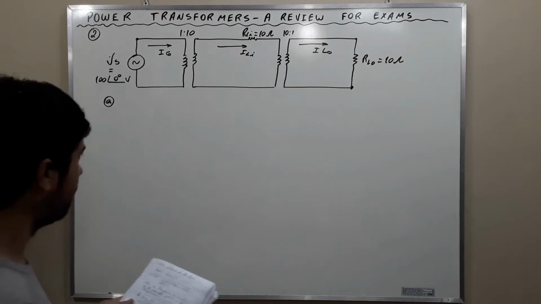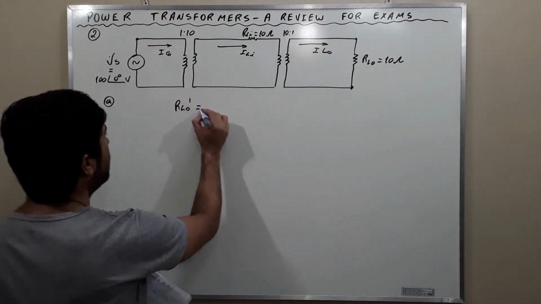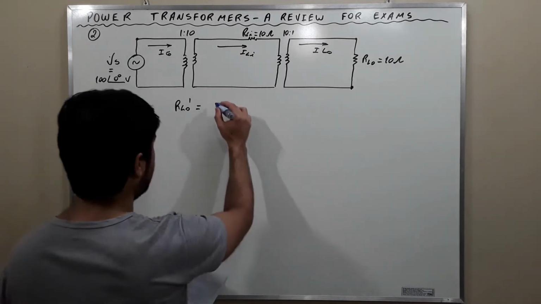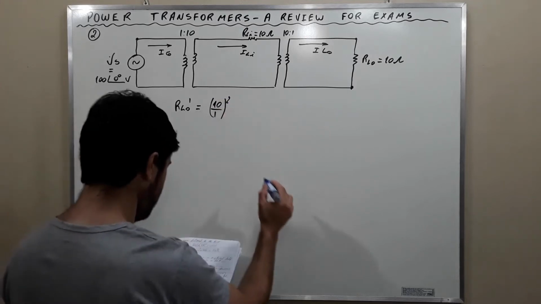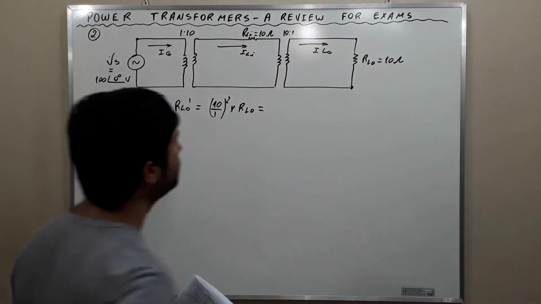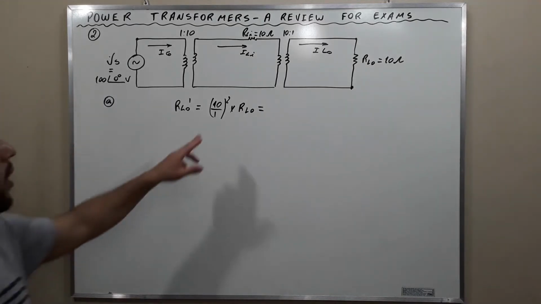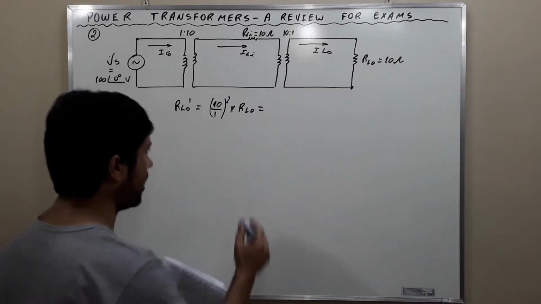R_L prime is going to be 10 to 1 squared times R_L. It is going to be 100 times this, which is 1,000.